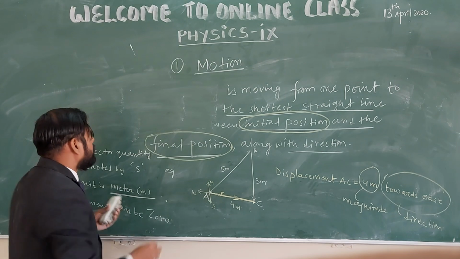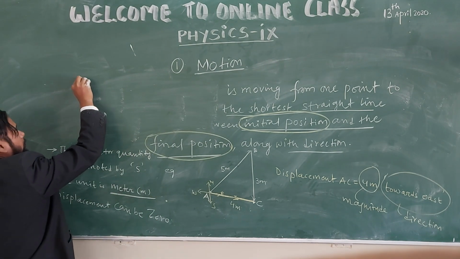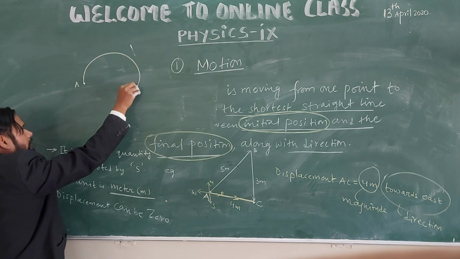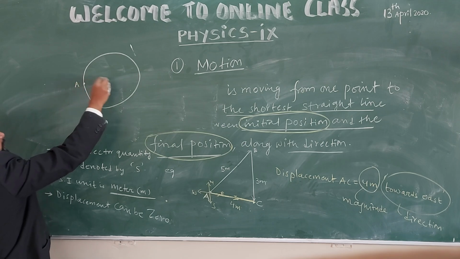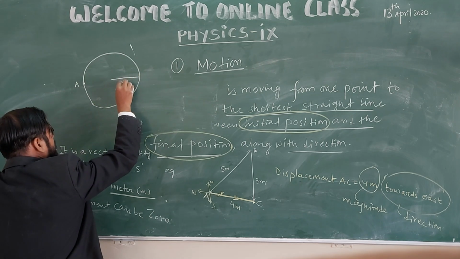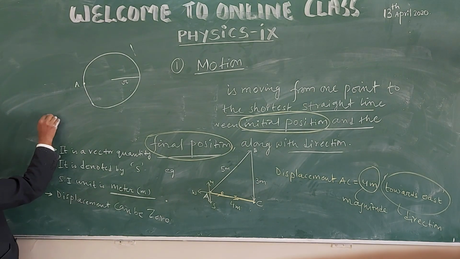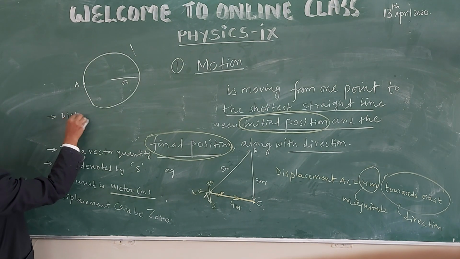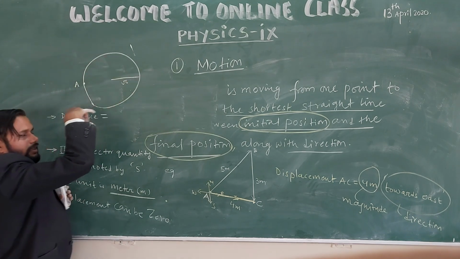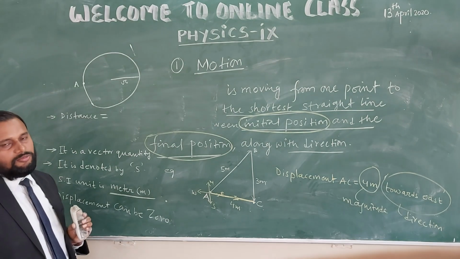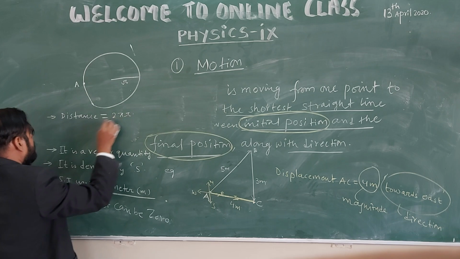Suppose this is position A and a body is moving in a circular path and coming back to position A, and its radius is r. So distance is how much? Distance equals the circumference of the circle, and the circumference of the circle is 2 pi r. So the distance traveled is 2 pi r.